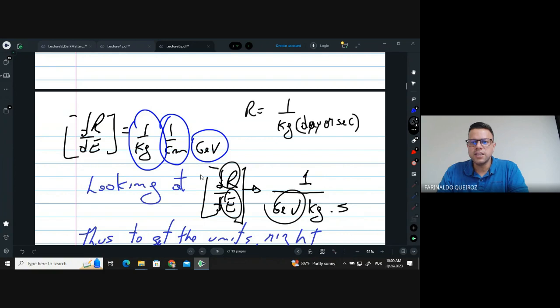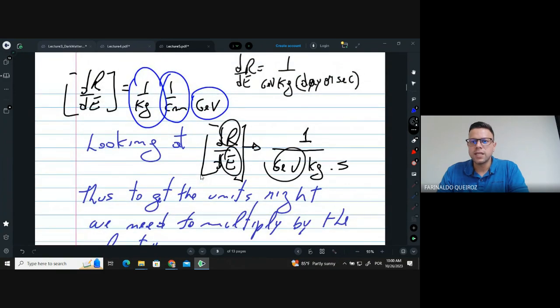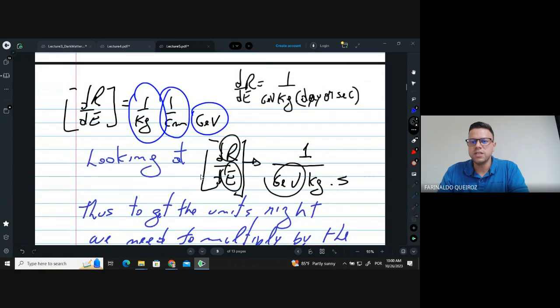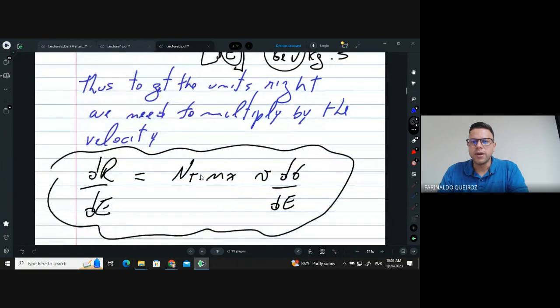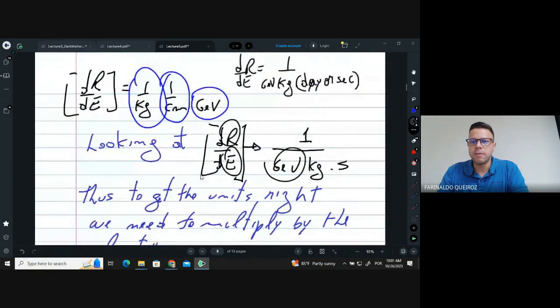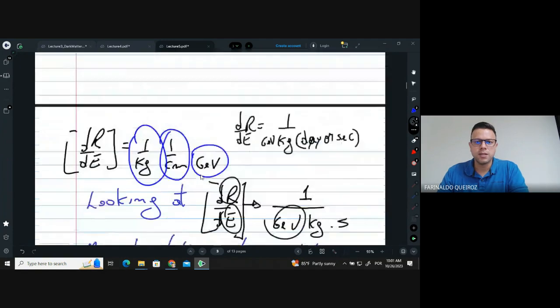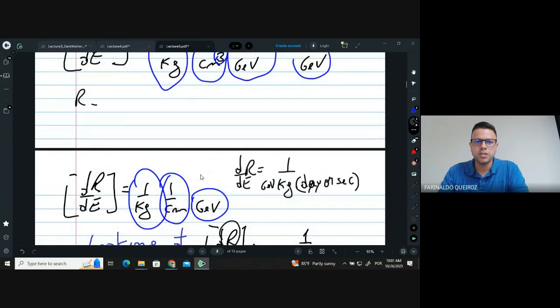Well, there is a GeV here because I did dR/dE. In order to get the units right, R should be proportional to 1 over kilogram per day, or per time.